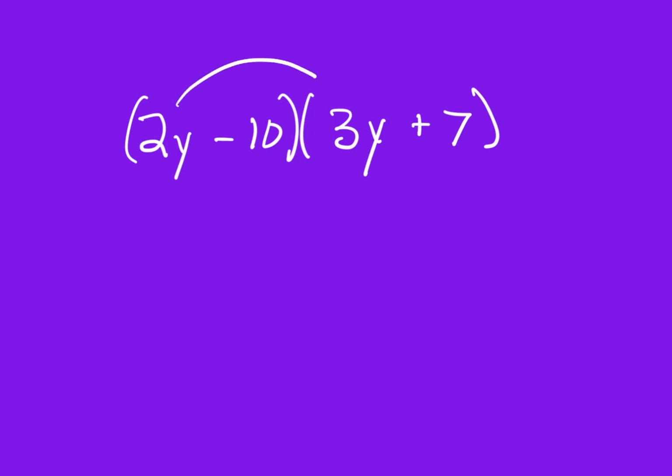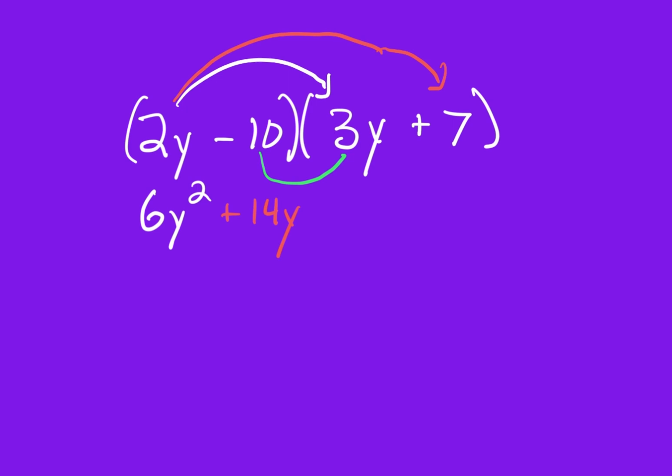So the first, 2y times 3y. 2 times 3 is 6, so that's 6y squared. That's our first. Outside is 2y times 7, so plus 14y. Inside, negative 10 times 3y, negative 30y.